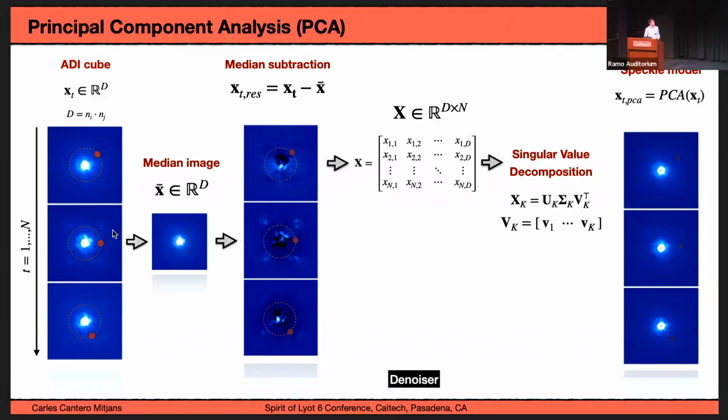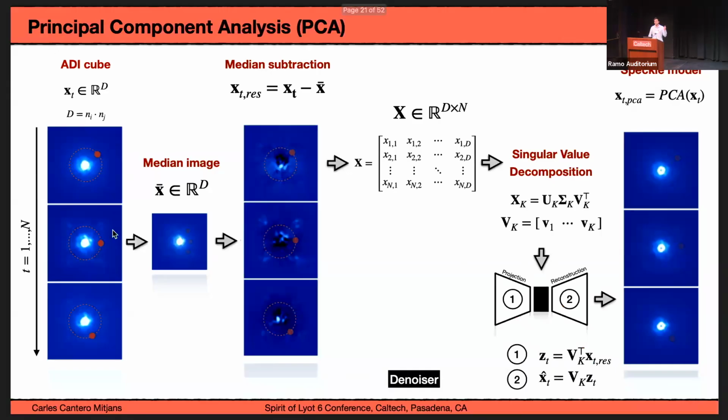What we want is to decompose this huge matrix into principal components that capture orthogonal, independent information by variance of our data. Then you can use these principal components to do a projection and reconstruction of our images.